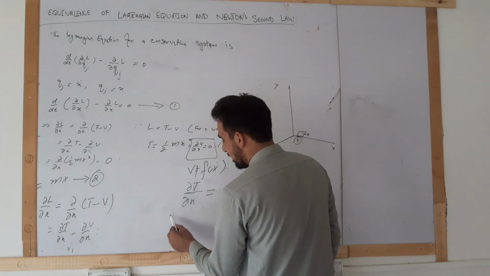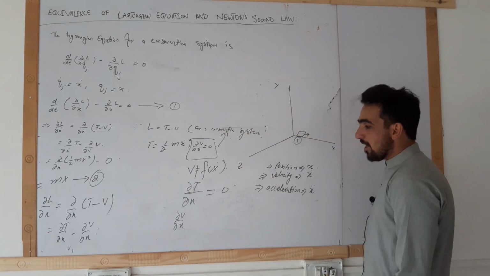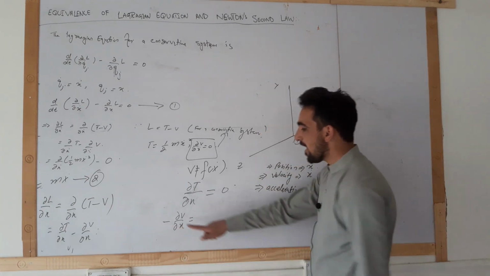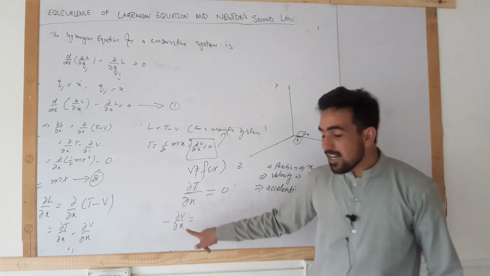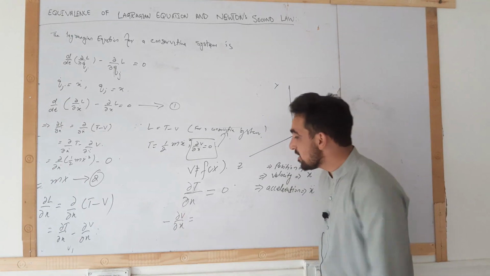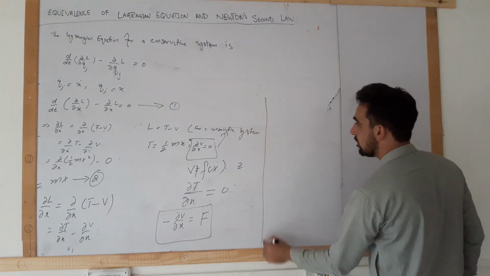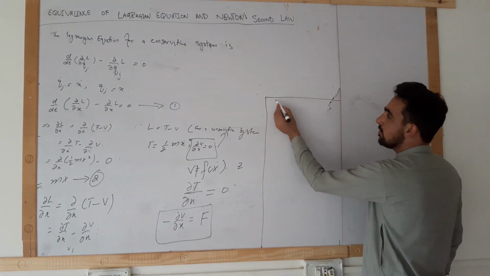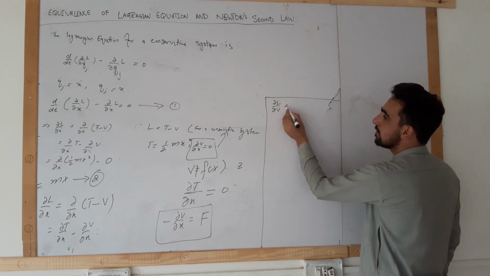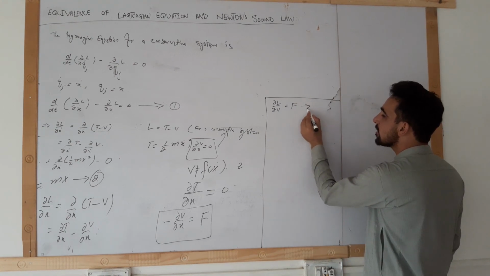Now we have partial V by partial x. In a conservative system, the negative gradient of the potential energy is called force. So we have partial L by partial x is equal to F. This is equation number 3.